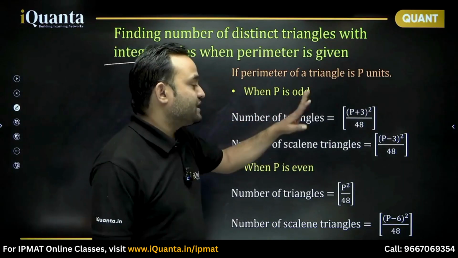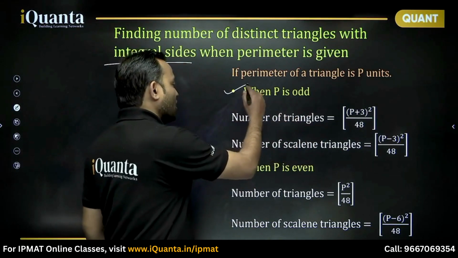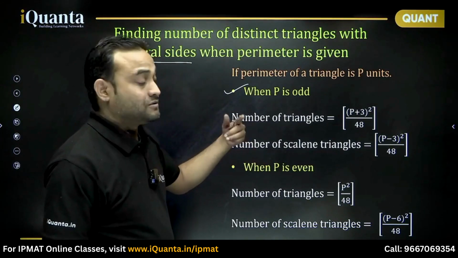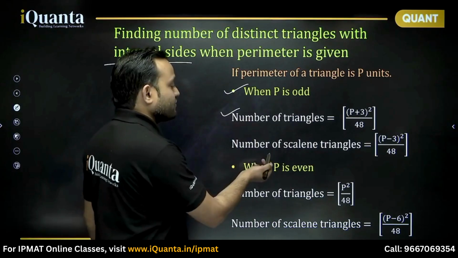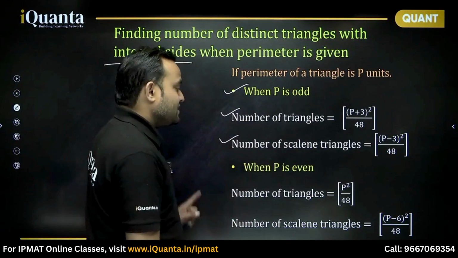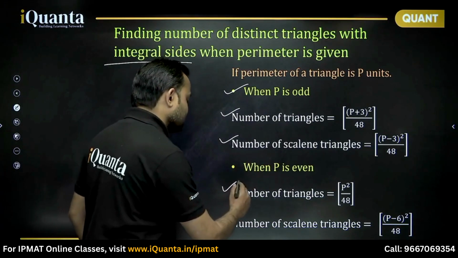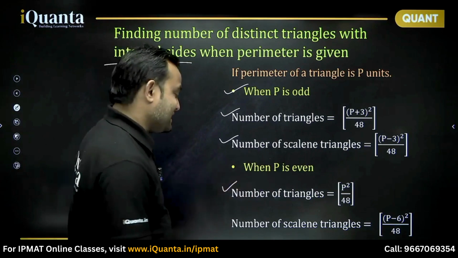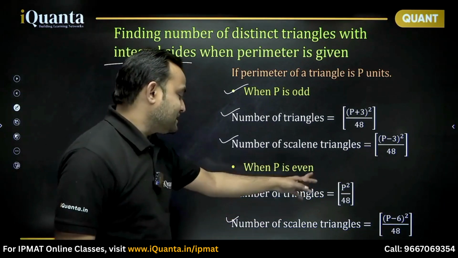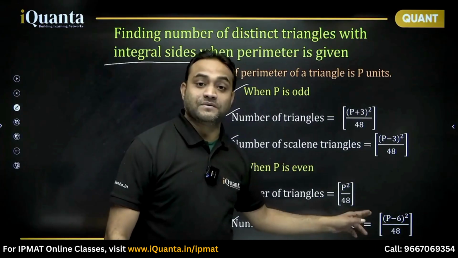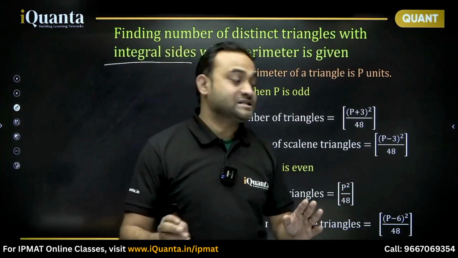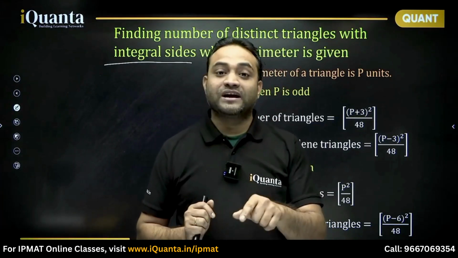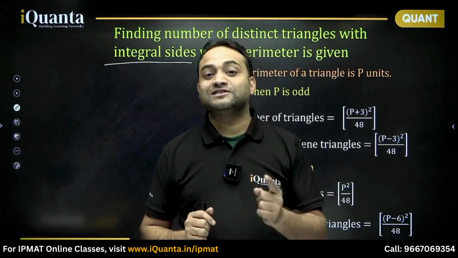Whenever perimeter P is given, if P is odd, this is how you can find the number of triangles with integral side lengths, and the number of triangles which are scalene. If P is even, the number of triangles with integral side lengths, and the number of triangles which are scalene, where the box X denotes the nearest integer. Remember this, nearest integer. If you are getting 9.8, your answer is 10. If you are getting 9.1, then your answer is 9.